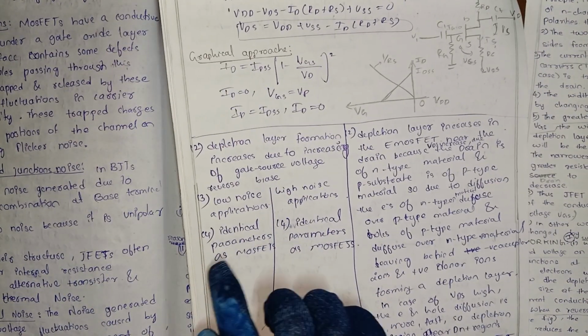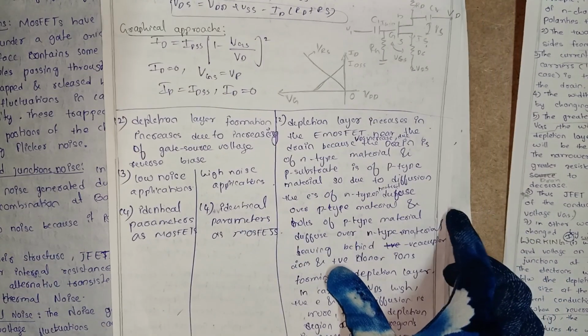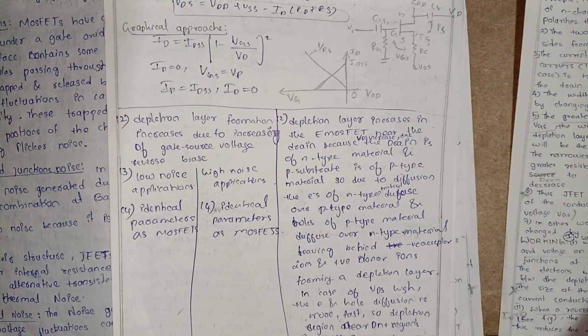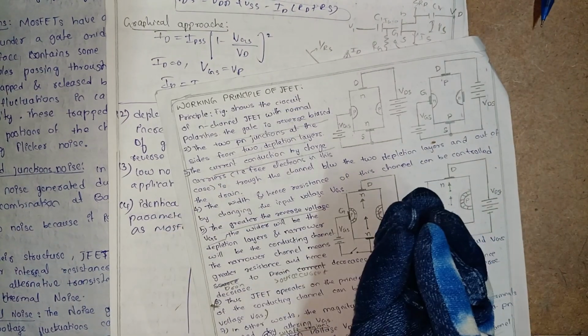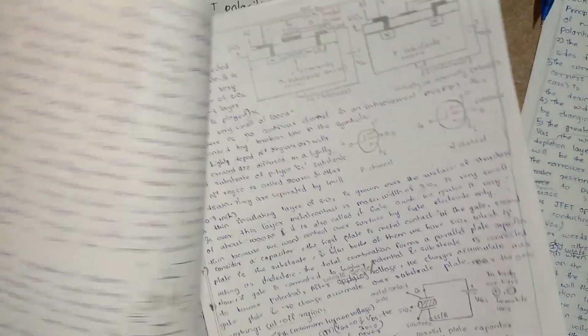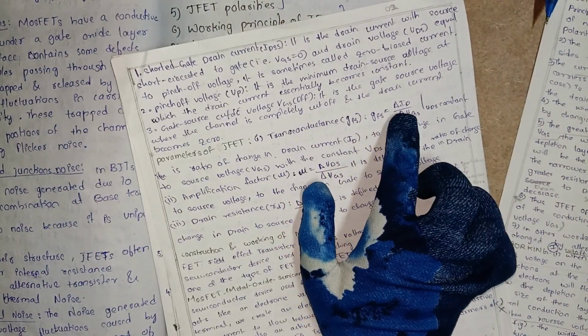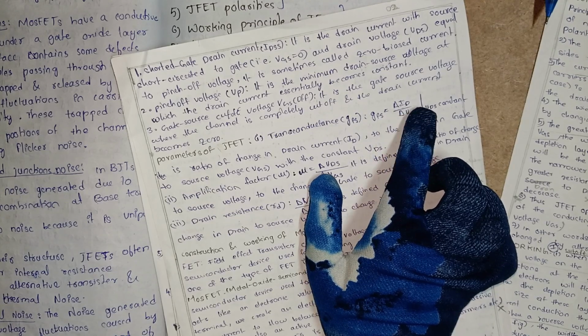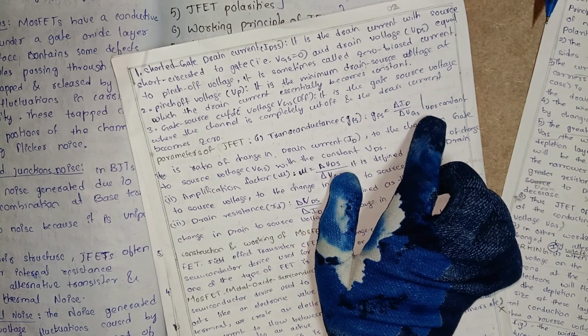And then, identical parameters as MOSFETs. So the parameters of JFET and MOSFET are the same. Here are the parameters. Transconductance gm is the change in the drain current to the change in the gate to source voltage.